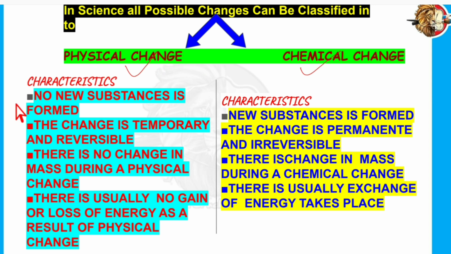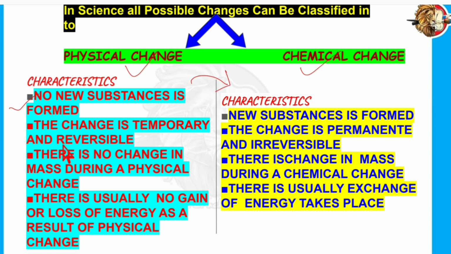In physical changes, no new substance is formed, but in chemical changes, new substances are formed. We have already discussed water changing into ice and ice into water, but in chemical changes, new substances are formed, like curd being made from milk, but milk can never be formed by changing curd.